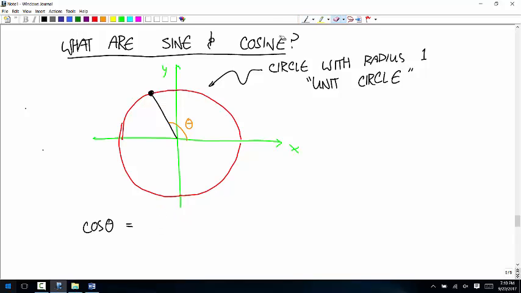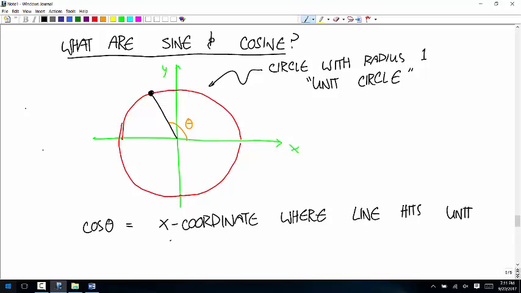The x coordinate where the line hits the unit circle. And the sine of theta is the y coordinate where the line hits the unit circle.